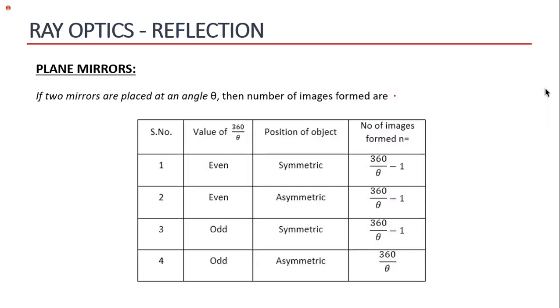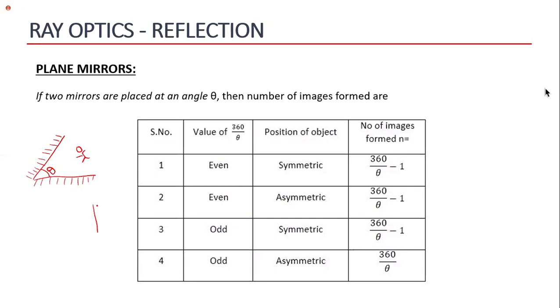Now, if I have two mirrors placed at an angle, for example, this is one mirror, and I have another mirror placed at an angle theta. Let me say I'm standing somewhere over here. How many images are formed?